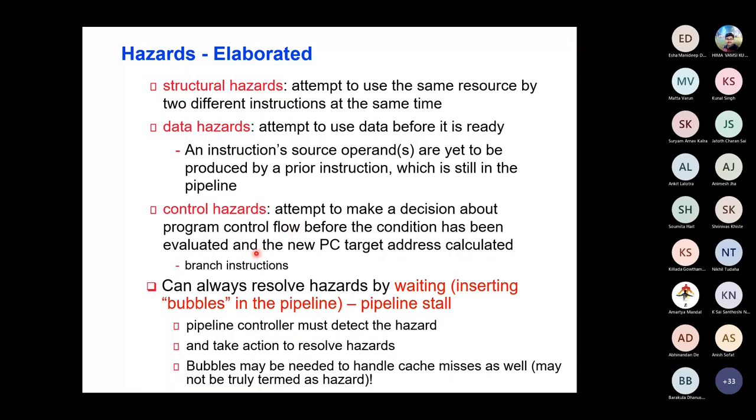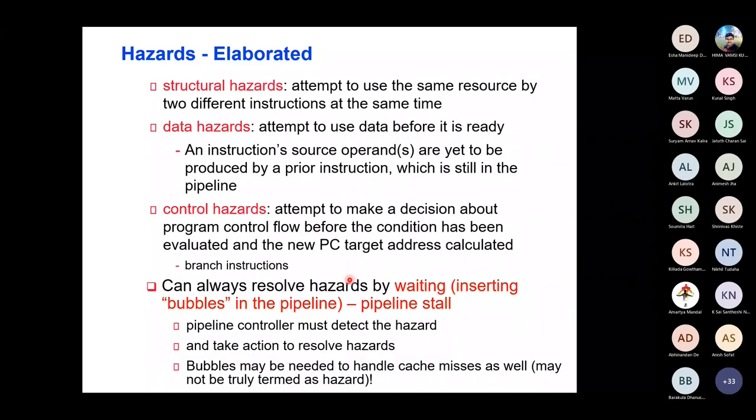Now, one thing is obvious. Whenever you identify this kind of hazard, there are two things. You need a mechanism for identifying these hazards, and that means additional hardware resources. And once the hazard is recognized, what should be the recovery action?